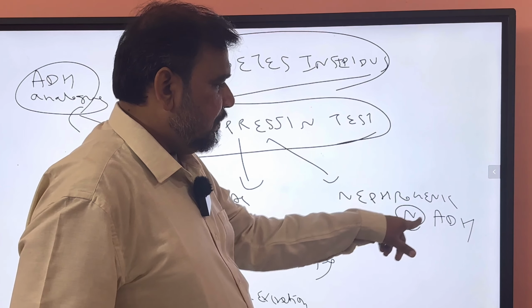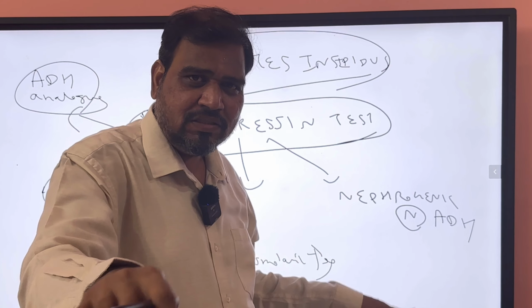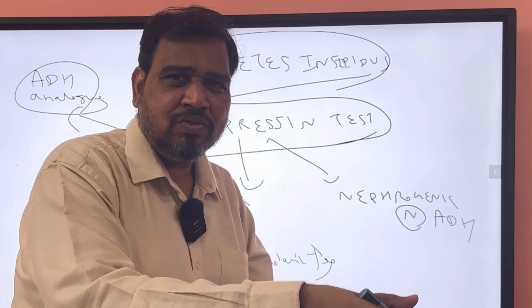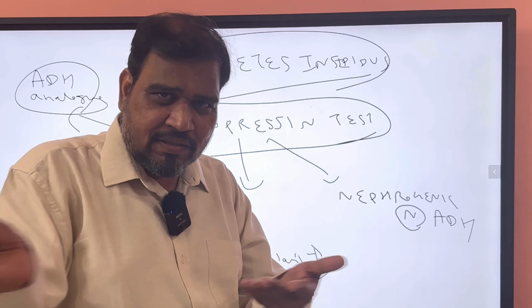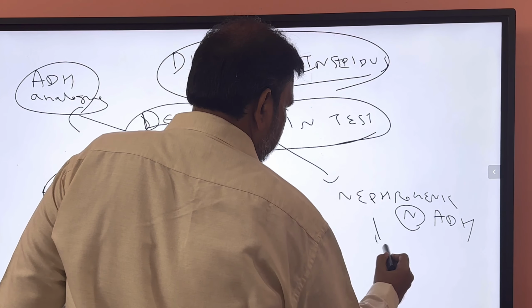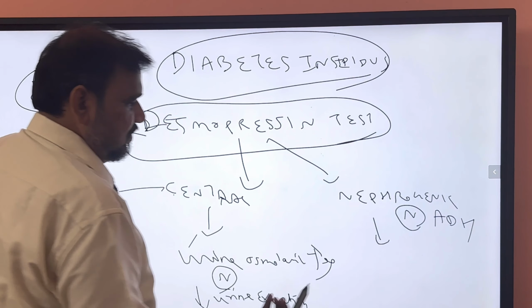Now coming to nephrogenic diabetes insipidus, it already has normal ADH. The problem is in the kidney, either ADH receptors, all those things. I told the causes also, like lithium, some drugs, some infiltration, all those things. In this, what happens? Even if I give an ADH analog, no use.